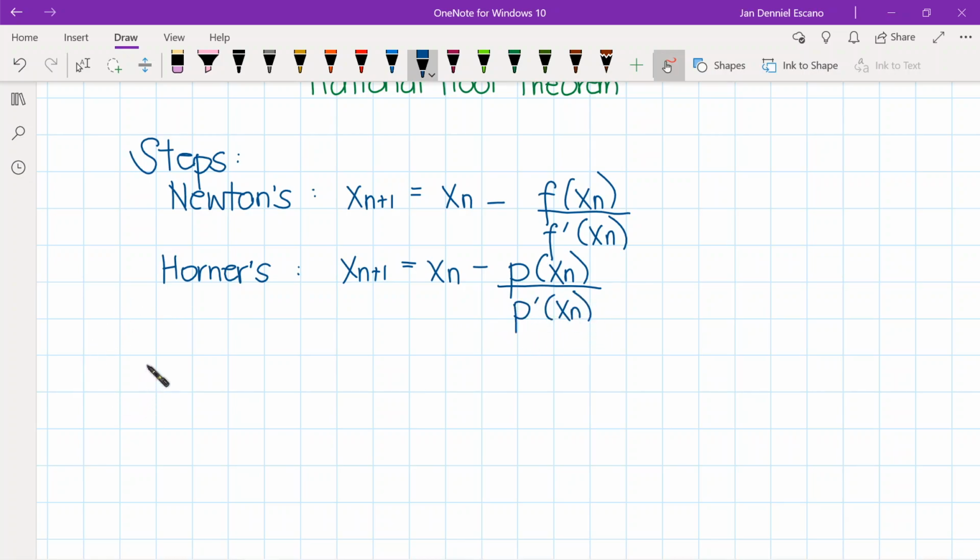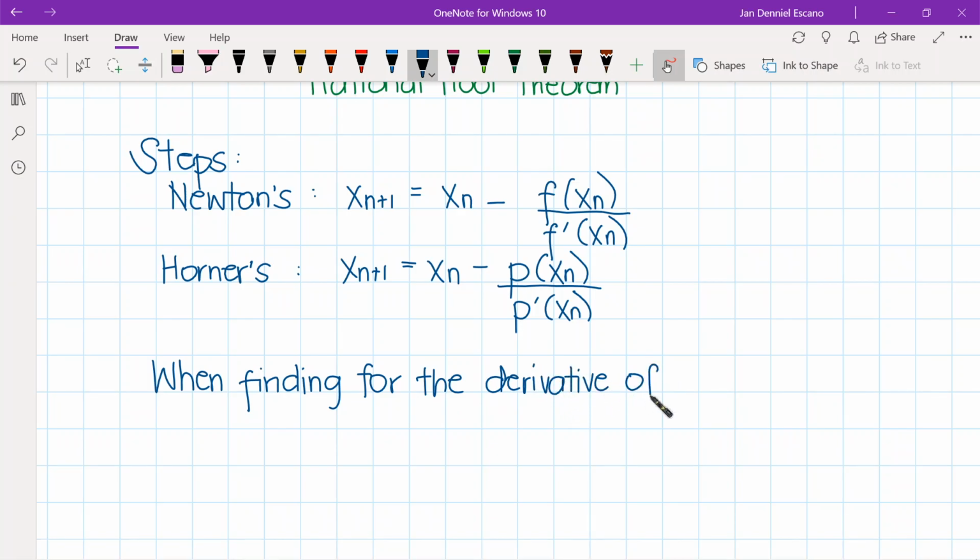So when finding the derivative of a polynomial, if we recall in our differential calculus, we can use the power rule.